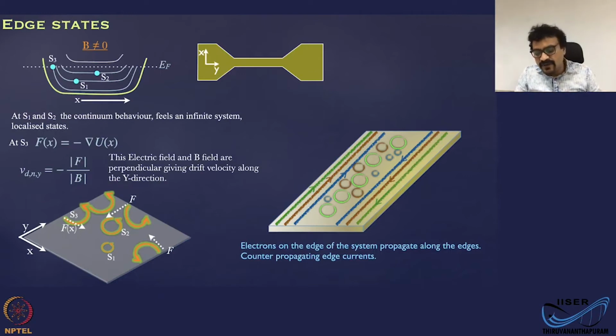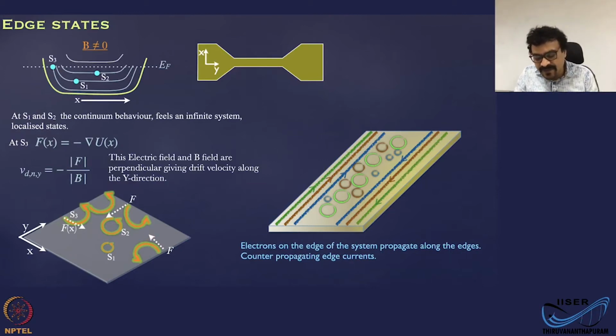So what you have is a crossed field again, just like the Hall effect. You have the magnetic field normal to the plane and a force which is laterally into the bulk of the material.